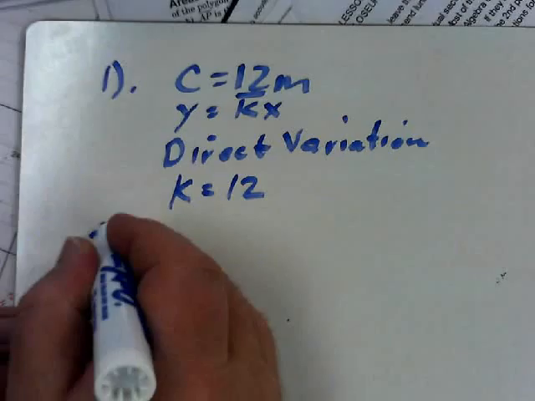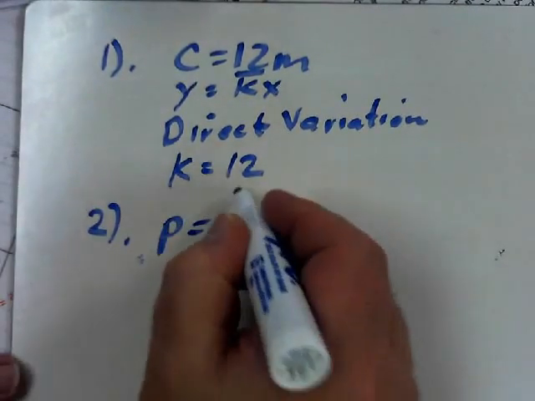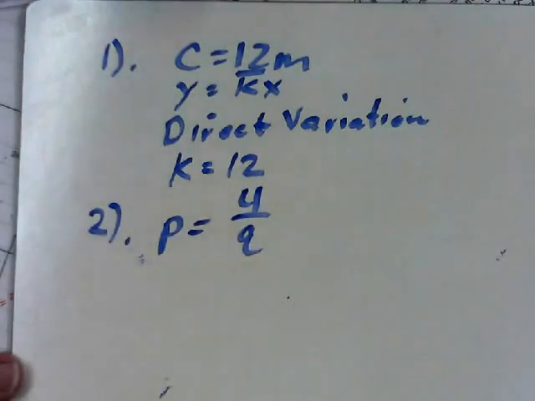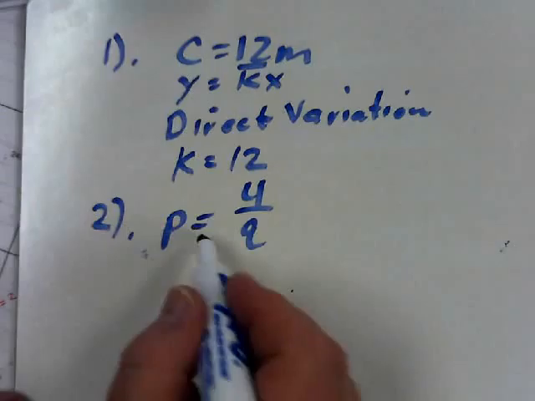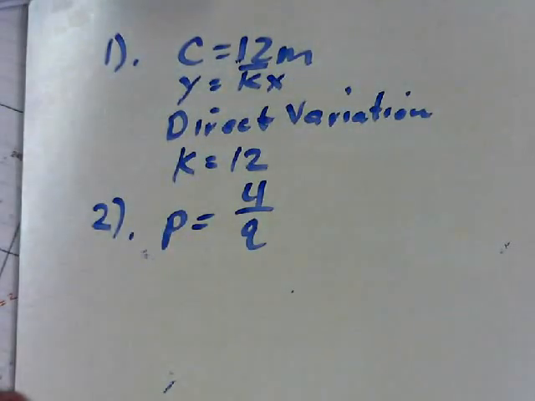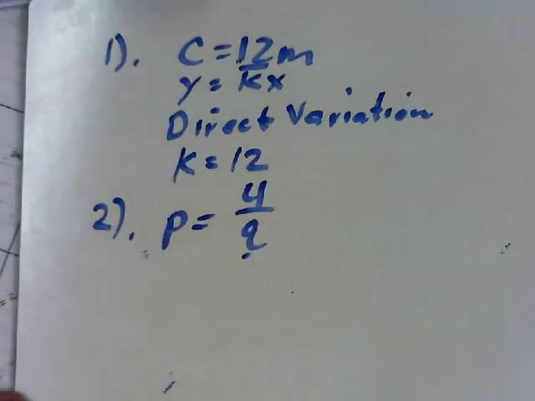So that means problem number 2, where we have P equals 4 over Q. Well, does this one look like the one that we just did? Because it has this division in it, doesn't it? It only compares 2 things, doesn't it? So you either have a choice of a direct or an inverse.